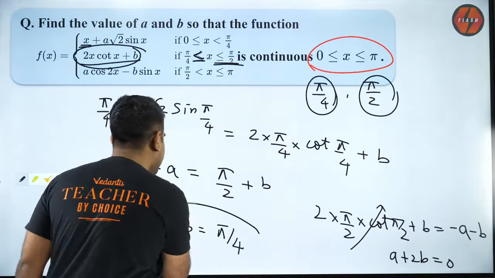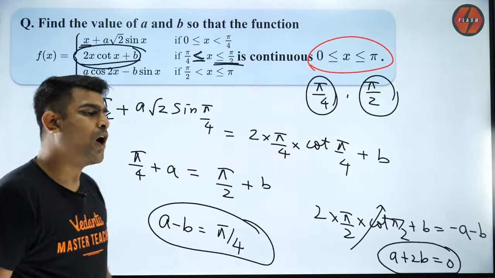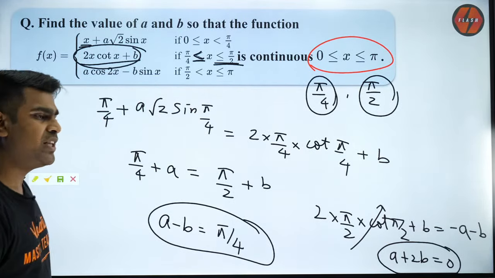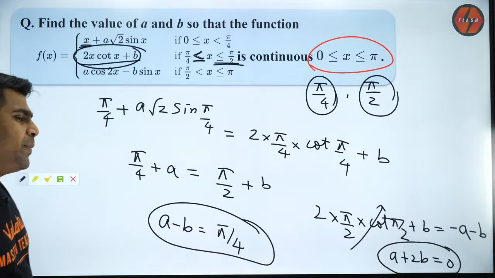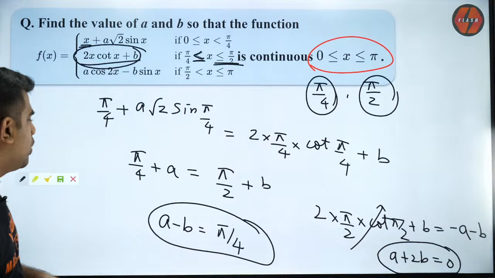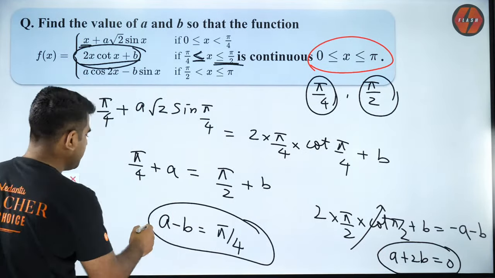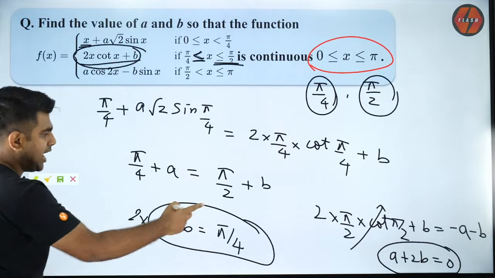So I have two linear equations. Can you guys solve it? I'm sure you all must be able to do it. I'll multiply this equation by 2, and when I add it up, what will I get?